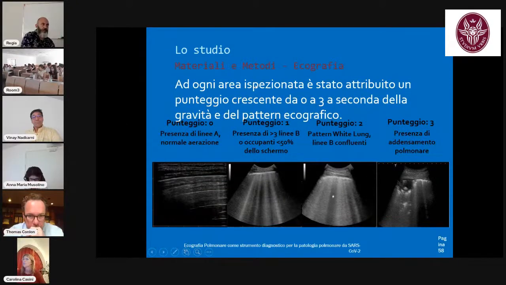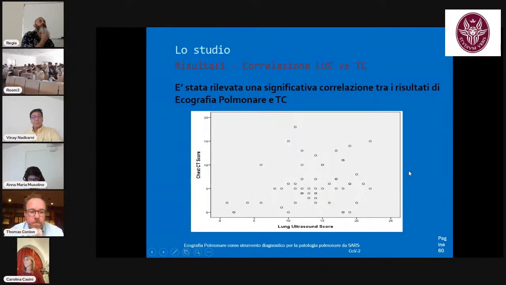This is the score that we used: normal finding, more than 3 lines, white lung, and consolidation. And we found a very important correlation between lung ultrasound and CT scan. This is important.